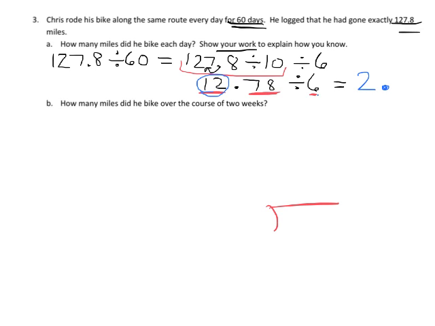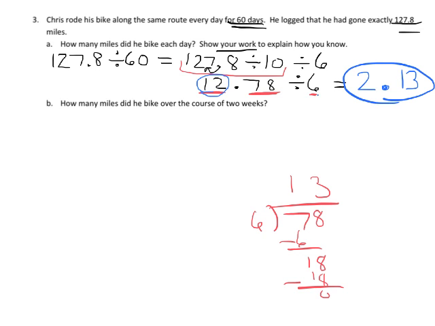So over here on scratch paper, 78 hundredths divided by 6 gives us 13 hundredths. So then we can just put the 13 right there, 13 hundredths, and so there's our answer. So each day he biked 2.13, was it miles?